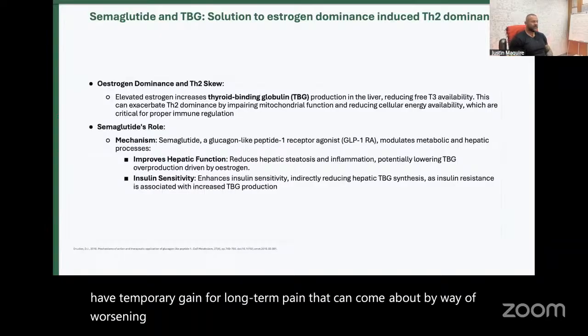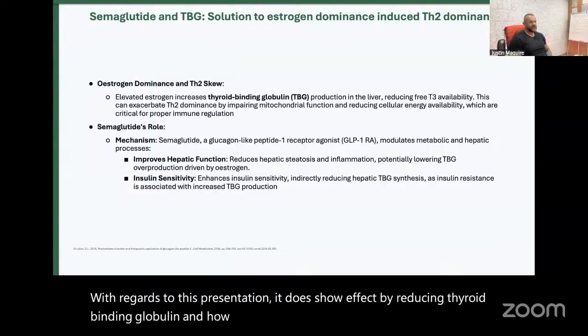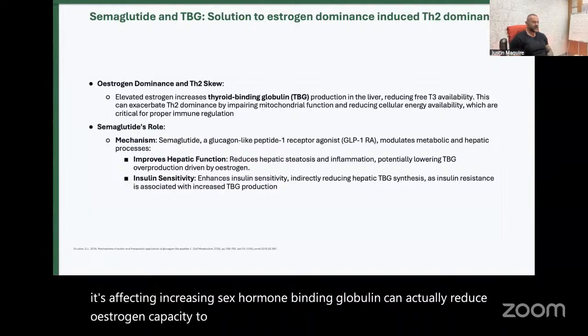However, with regards to this presentation, it does show effect by reducing thyroid binding globulin, and how it does so is through its effect in increasing sex hormone binding globulin, which can actually reduce estrogen's capacity to increase TBG output.